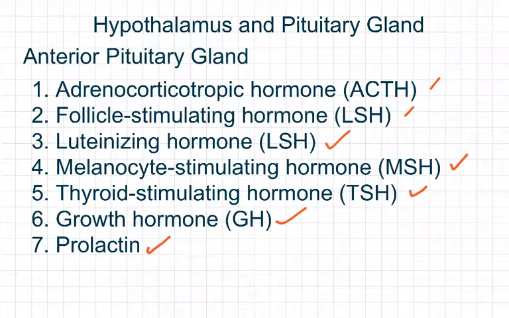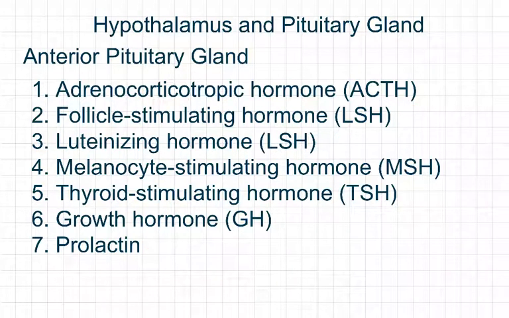And so in the names of all these 7 hormones, you see a couple of different items. You see the names of stimulating, secreting, and stuff like that. And the reason for this is the form of action that the hormones from the anterior pituitary gland work in communicating with other organs.